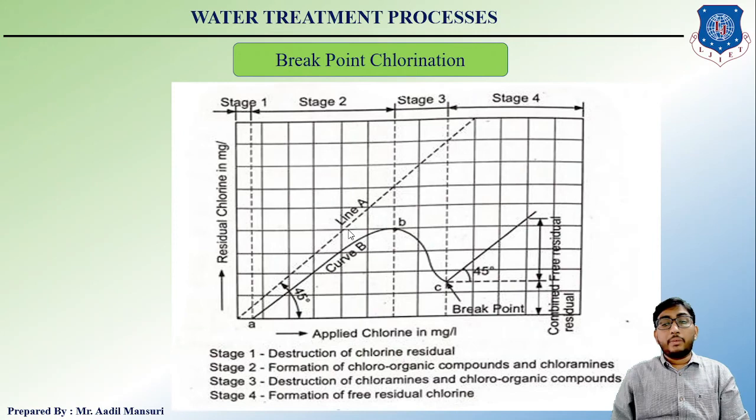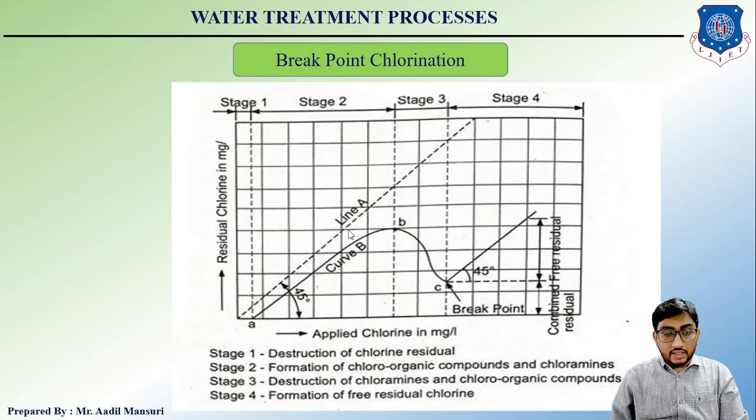The breakpoint chlorination of water may be defined as the point on the applied residual chlorine curve beyond which all or nearly all the chlorine applied appears as free residual chlorine. Breakpoint chlorination has practical significance since the application of chlorine at or slightly higher than the breakpoint concentration will have different advantages.